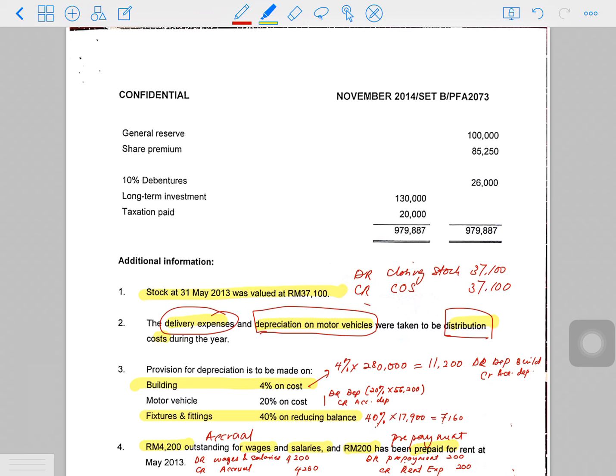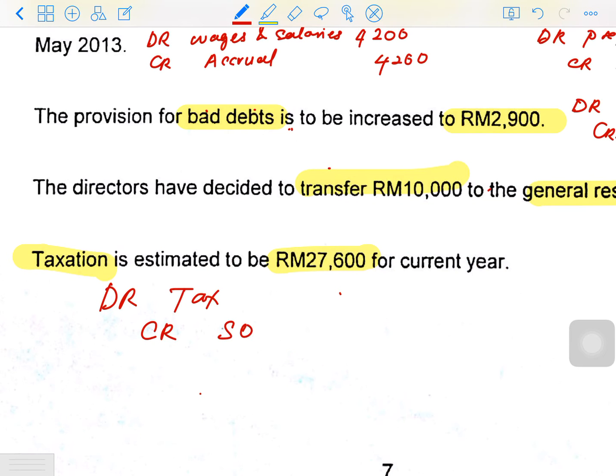That means you have to debit what? Debit taxation account, credit, sorry, that was wrong.